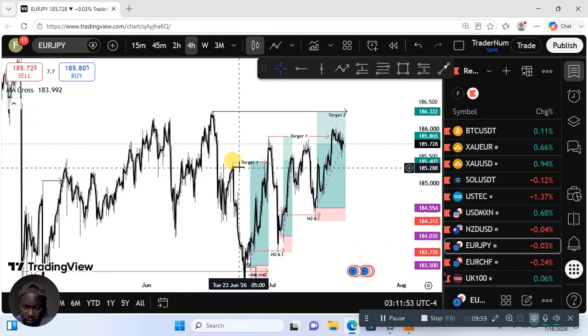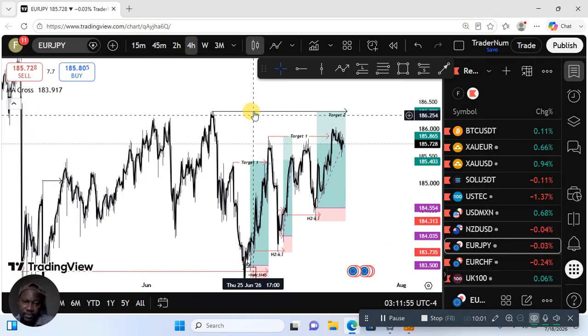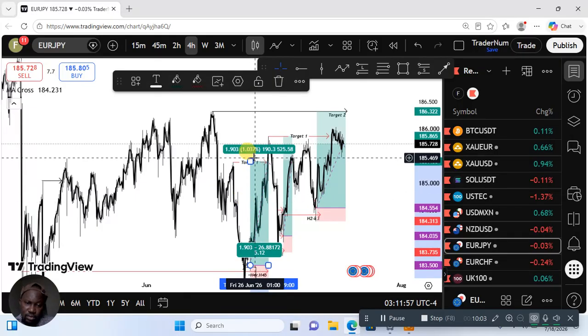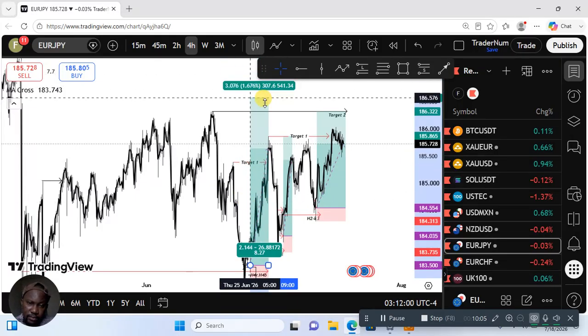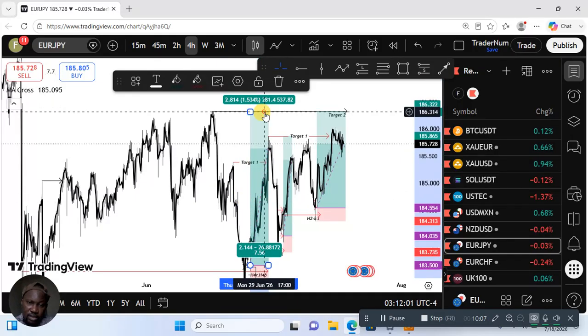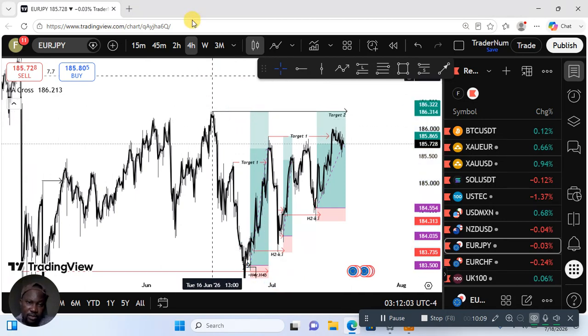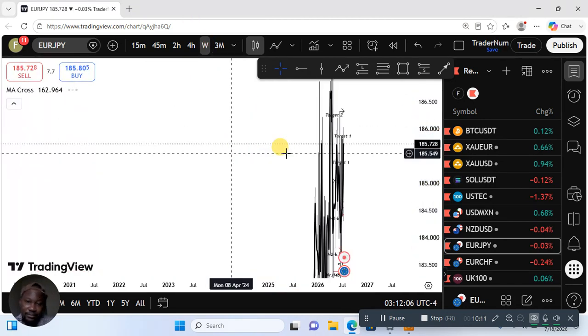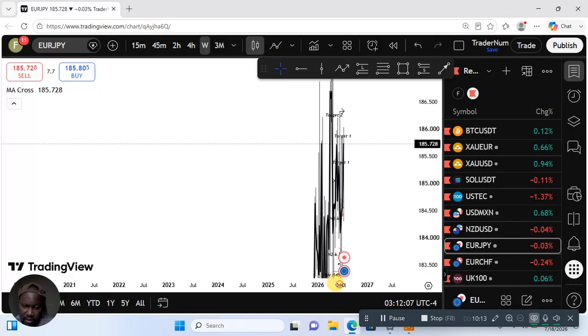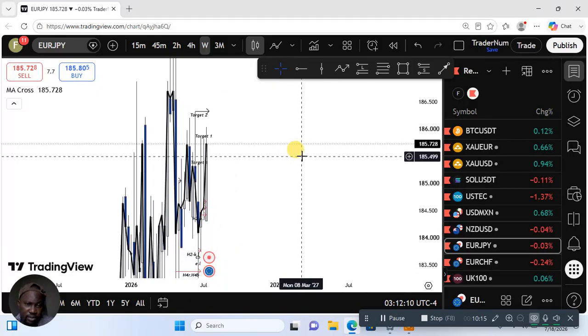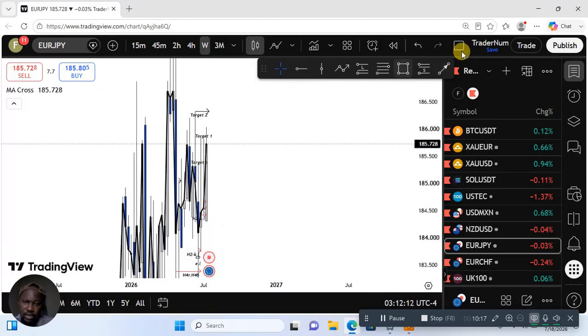Now remember, we are trading on the weekly, so our final take profit would be on this weekly high, right? This weekly key level. That's where I would target as our final take profit.